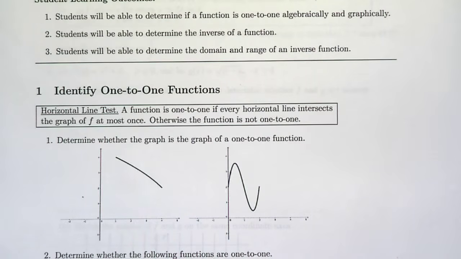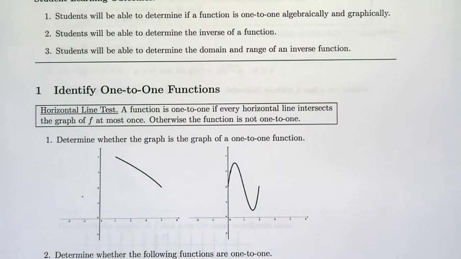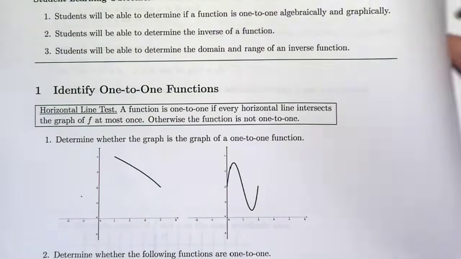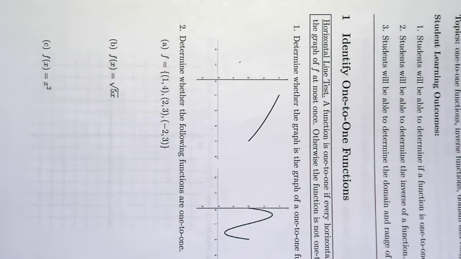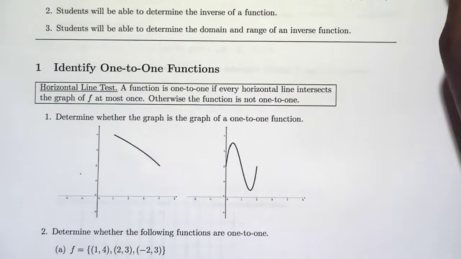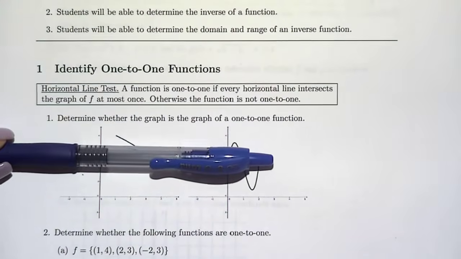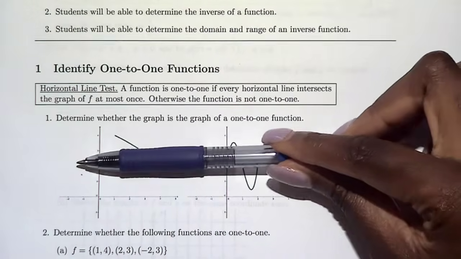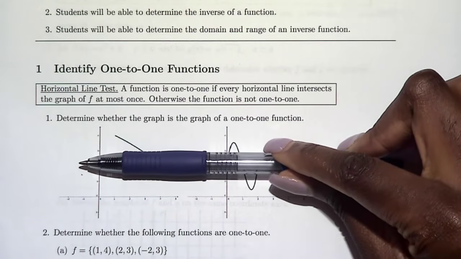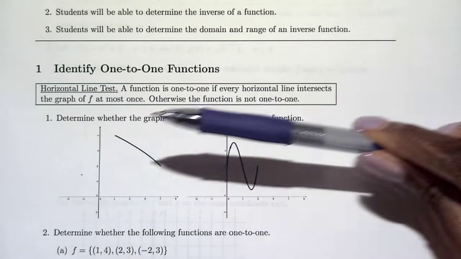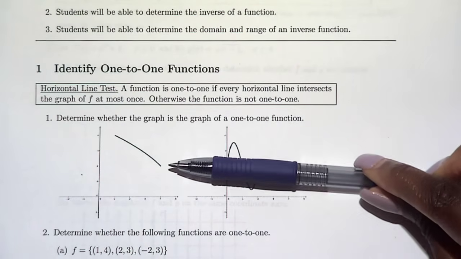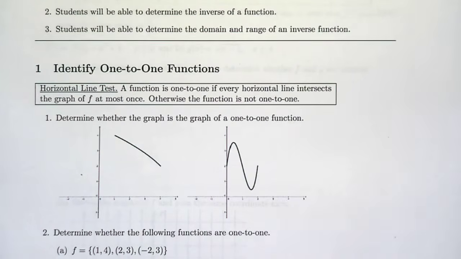To determine if it's a one-to-one function, we have to make sure it's a function even if we turn it sideways. Instead of turning our paper sideways, we do a horizontal line test, right? We use a horizontal line test to see if the graph crosses my horizontal line at more than one point. So there are two steps to this.